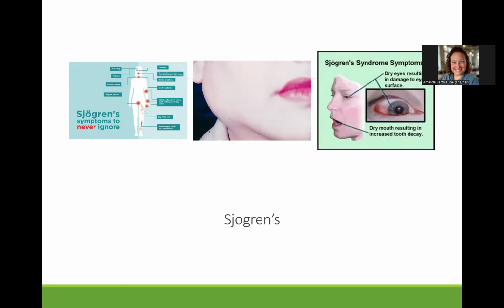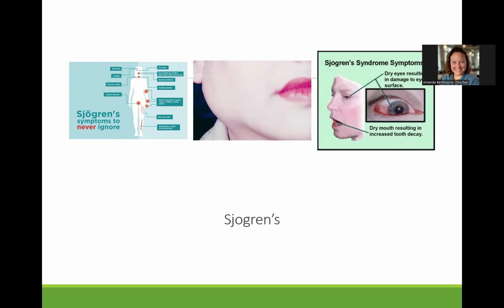Sjogren syndrome is autoimmune, but it can also be brought on through medications or some treatments when you're getting treated for other things. But Sjogren's is dryness, like everything in the body is dry. Eyes, mucous membranes everywhere. And it is so dry, it is uncomfortable. So think about our folks that have dentures or partials. They're going to have a hard time wearing them or speaking or eating because saliva helps with the digestion process.